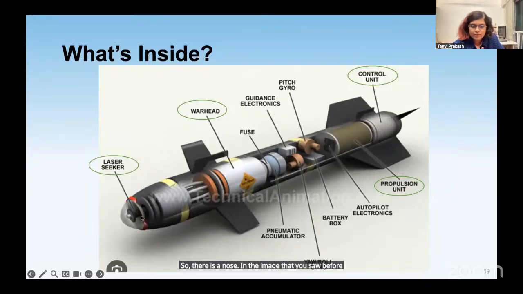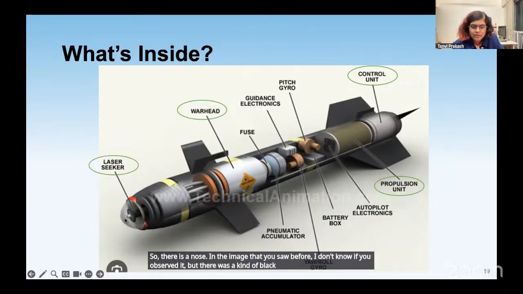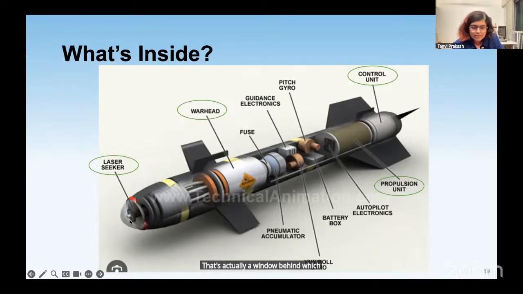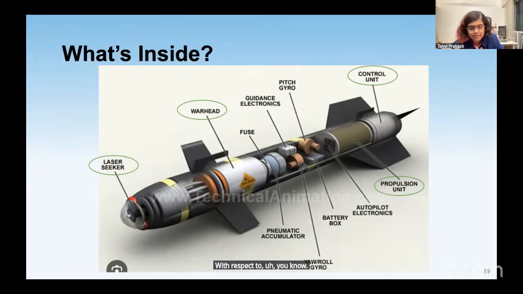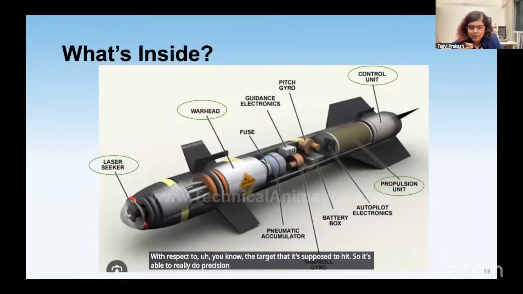I don't know if you observed it, but there was a kind of black nose on the front. That's actually a window behind which there is some kind of seeking device which will tell this payload its location with respect to the target that it's supposed to hit. So it's able to really do precision attacks because of the presence of this laser seeker.